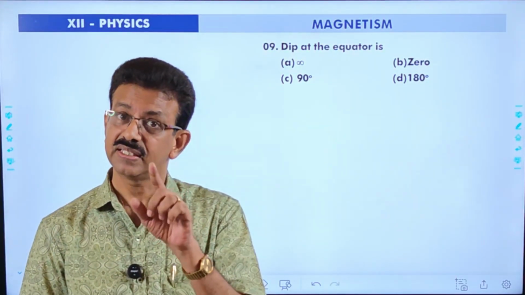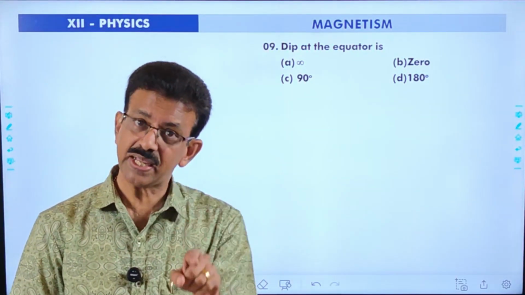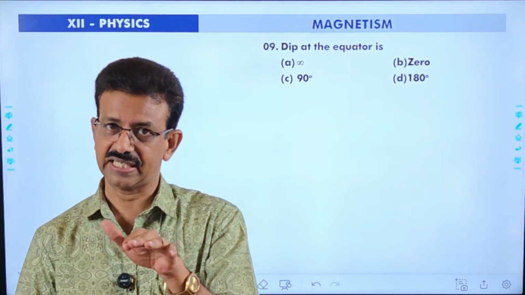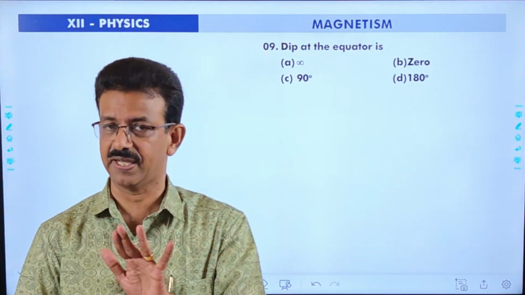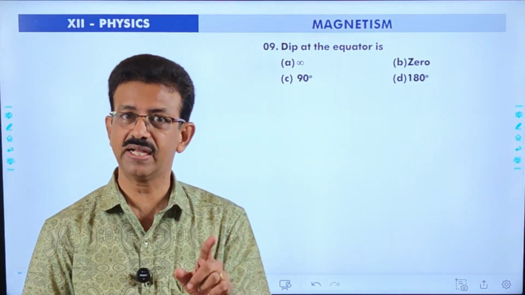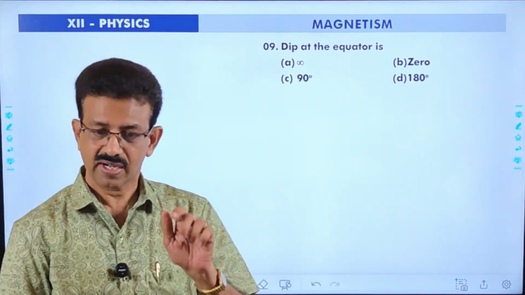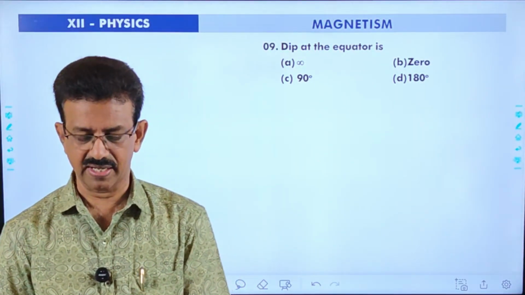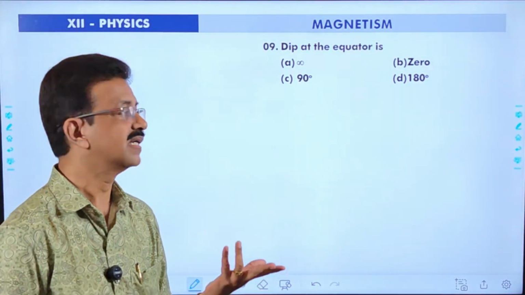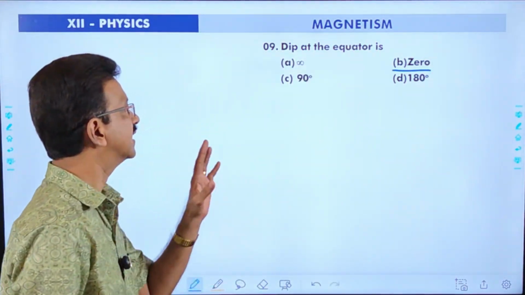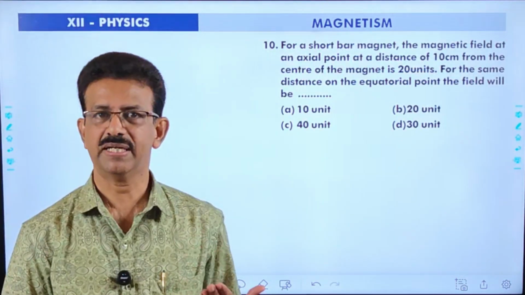At the pole, the field is purely vertical, so the angle between the horizontal direction and the total field intensity is 90. Dip at the equator is 0. Now the question is, dip at the equator is, then the correct answer is 0. Very simple theory question to remember. Answer is B.